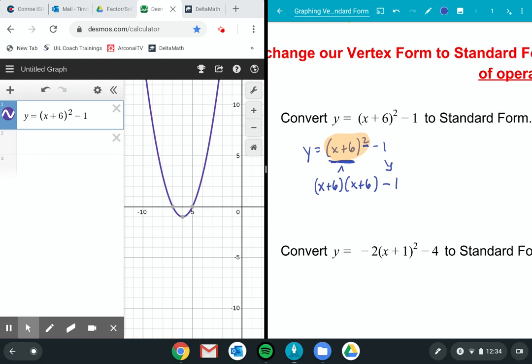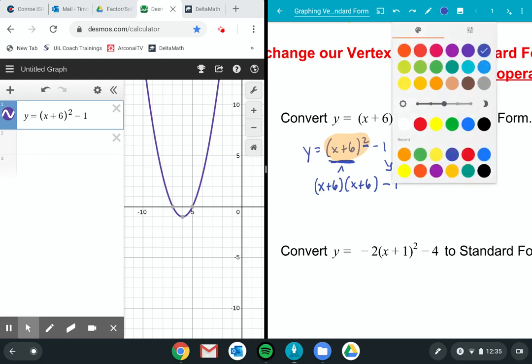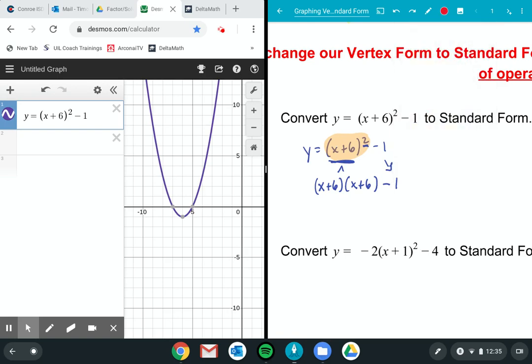Now, in PEMDAS, P, E, M for multiply. Is there anything here that's multiplied together? The minus 1 is not multiplied, because it's subtracted. But these two guys here are multiplied together. So what I have to do is use a double distributive property, or you can use the box method, whatever you like to do.